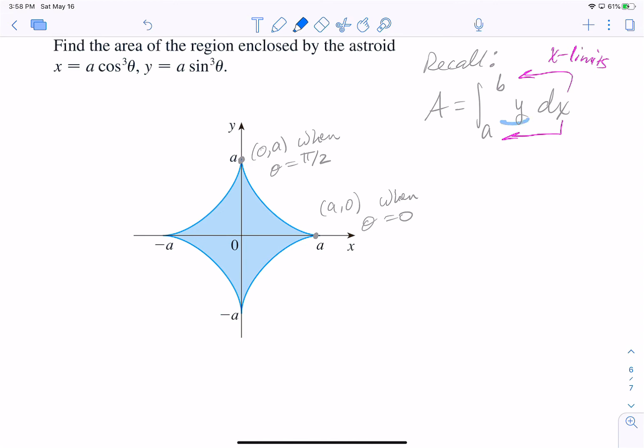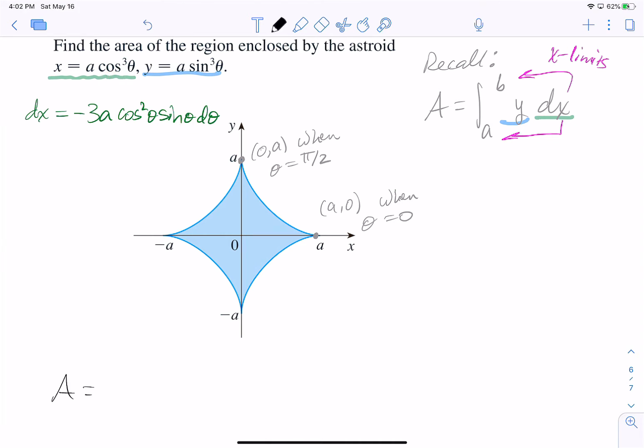y is equal to a times the sine cubed of theta. And since x is equal to a times the cosine cubed of theta, dx, we'll use the chain rule, and we get negative 3a cosine squared of theta sine of theta d theta, of course the negative coming about because the derivative of the cosine function is the negative sine.